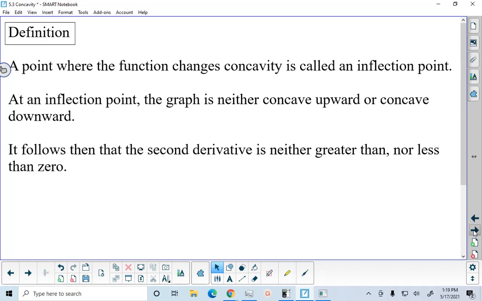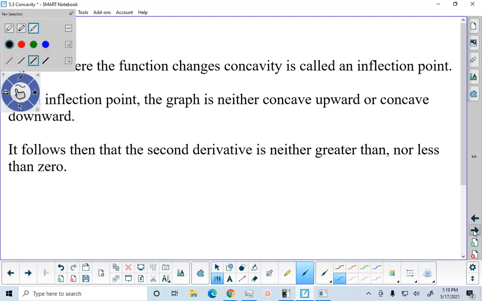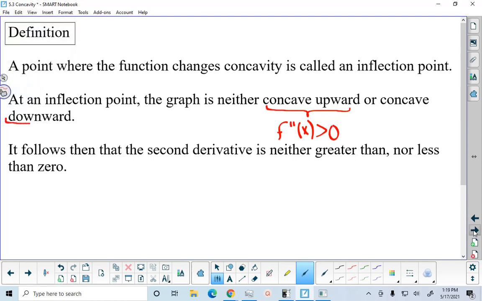But just a second. Concave up has a second derivative that's positive, and concave down has a second derivative that's negative.